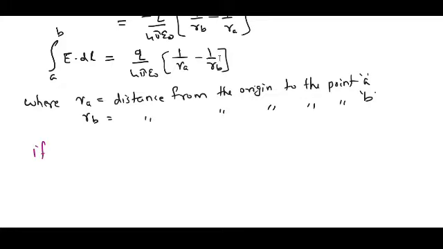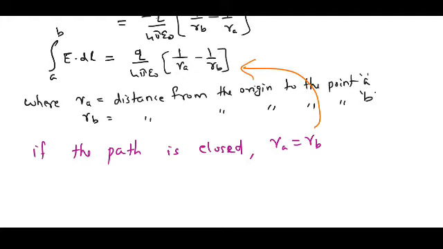If the path is closed, then ra is equal to rb. Then if you substitute the changes here, the line integral of E dot dl is equal to q by 4 pi epsilon 0 times (1 by ra minus, instead of this rb, we can substitute this ra).